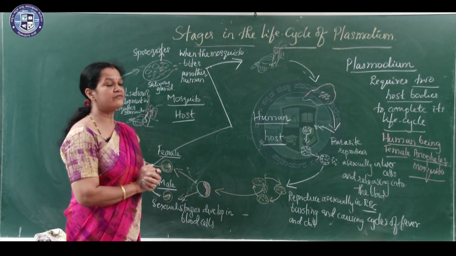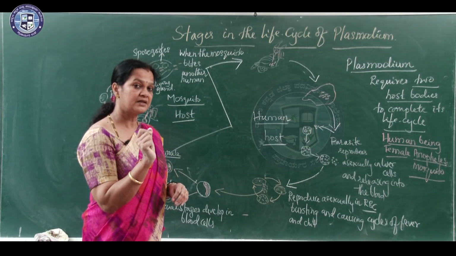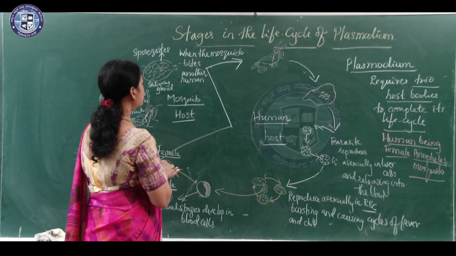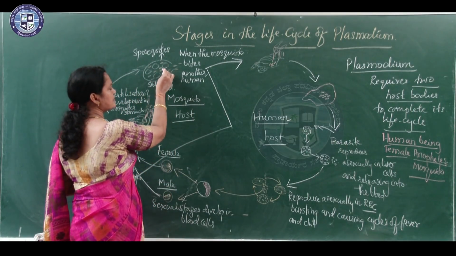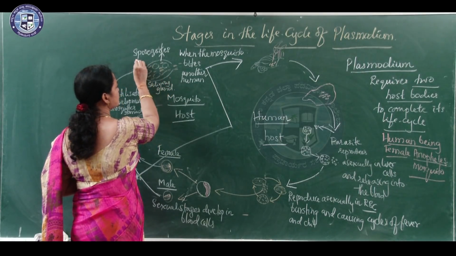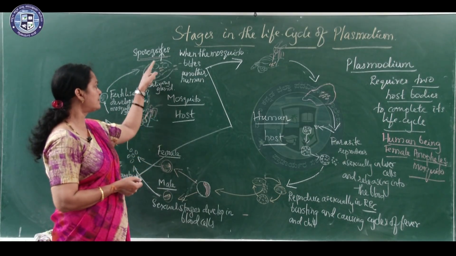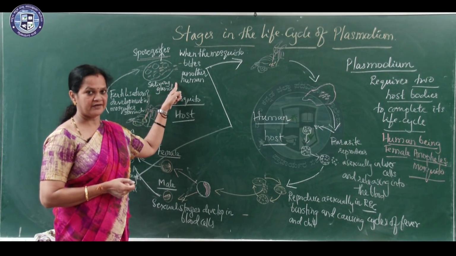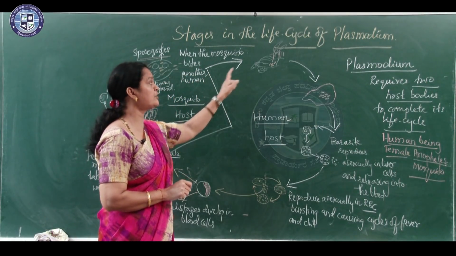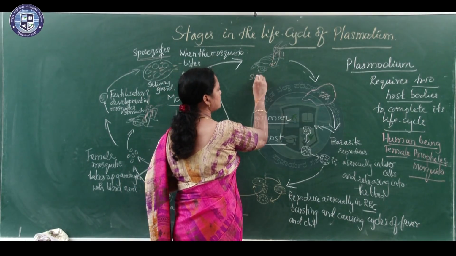Whenever an infected female Anopheles mosquito bites a definitive host, I mean the human being, here in the salivary gland of the mosquito, there are stages called sporozoites. Sporozoite stages are there in the salivary gland of the mosquito. When such infected mosquitoes bite another human body, sporozoites will enter the bloodstream.